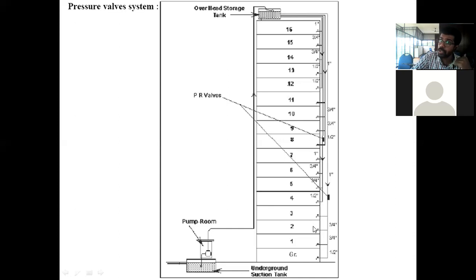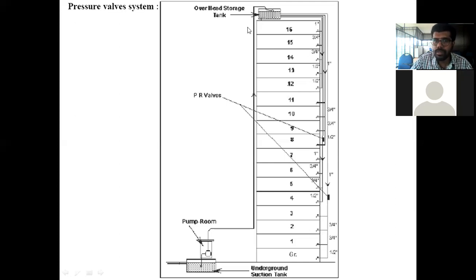If it goes beyond 80 feet, what happens? It will damage the fixture. So in that case, we have to give a pressure reducing valve. In this case, the building goes beyond 80 feet. It goes up to 160 feet in height. It is a 16-story building, and for one story you can take 10 feet of height.